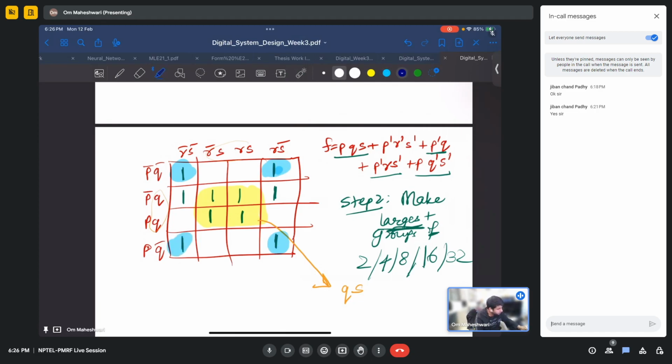These corner 4 will combine to give one quad. This corner 4 will combine to give what? This is Q bar, R, S bar. Q bar S bar.